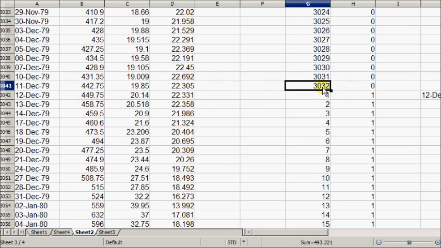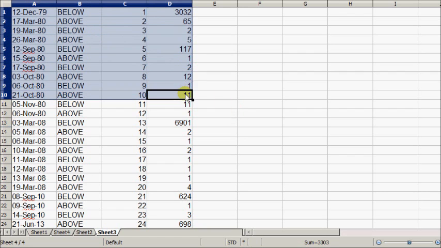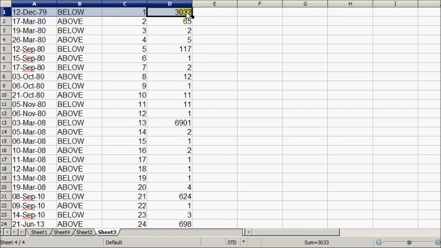Okay, so what I've done is I've listed every single time it has switched above and below it. 3,000 consecutive days, but really every consecutive day since the US dollar began below 20, much higher than 3,000. And then on March the 17th, 1980, it concluded its 65-day streak of staying above 20.